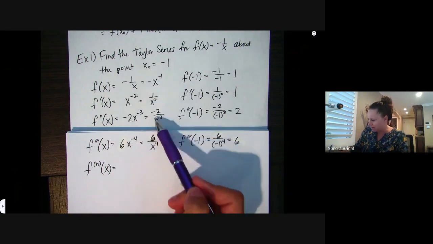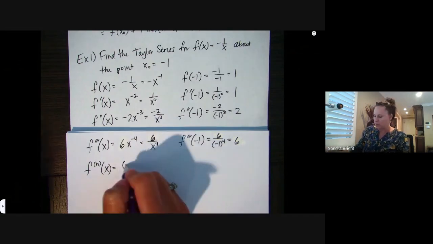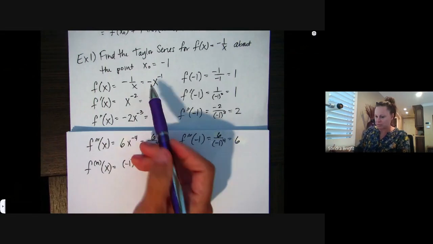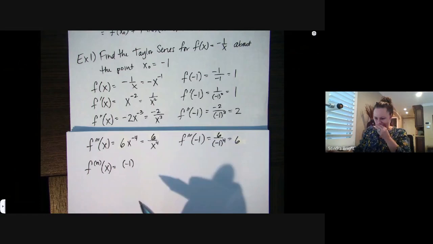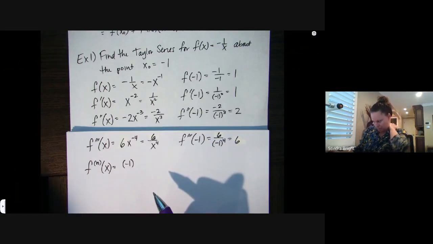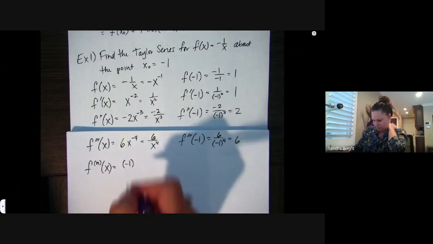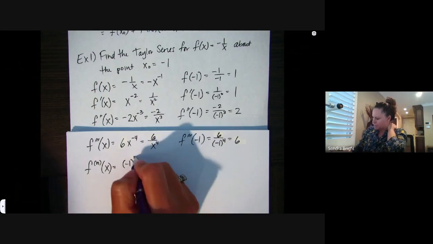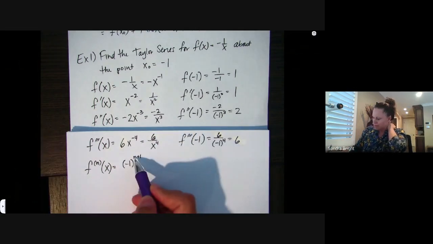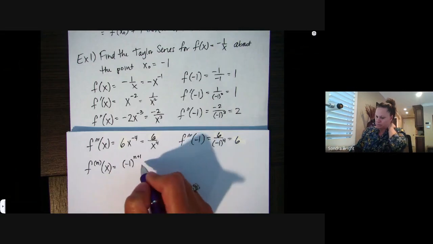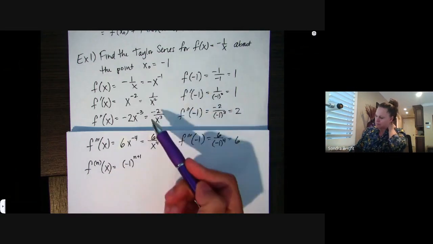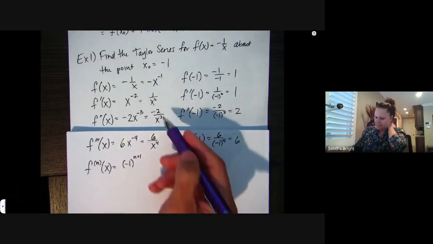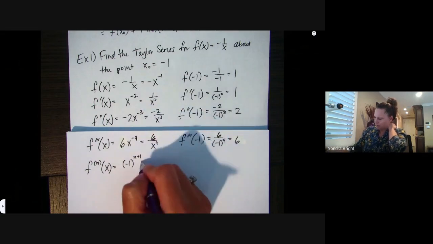So that means I've got a negative 1 to the, it started with a negative here. So we're starting with n plus 1, if we're starting with n equals 0. And then it would be negative, and then with each of these guys, it ended up being an n factorial.